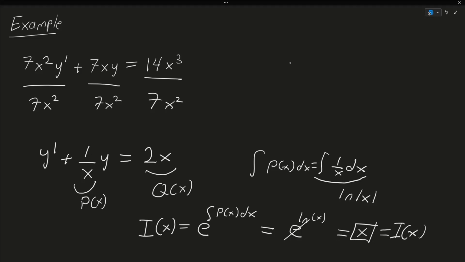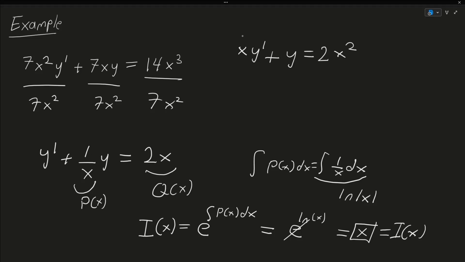Since we have our integrating factor, now let's go ahead and multiply both sides by the integrating factor. So we will have x y prime plus y equals 2x squared.